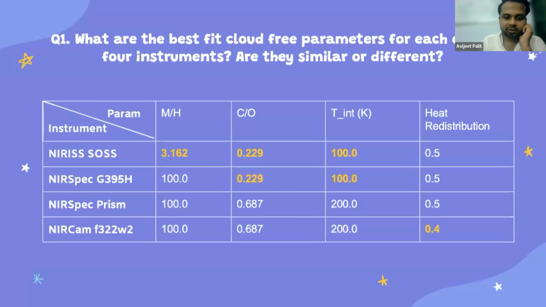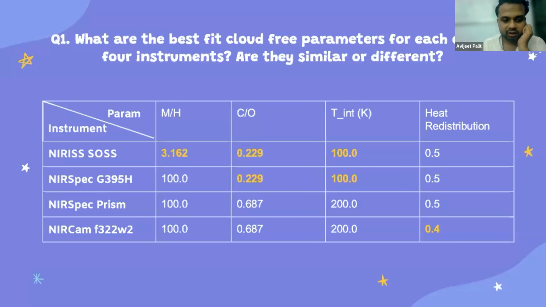To address the first question, as we observe from this table, the parameter value for metallicity ratio is different for NIRISS SOSS, and for all other instruments it is the same. Next, for the carbon to oxygen ratio, we observe that NIRISS SOSS and NIRSpec G395 have the same values, but NIRSpec Prism and NIRCam F322W2 have different values.